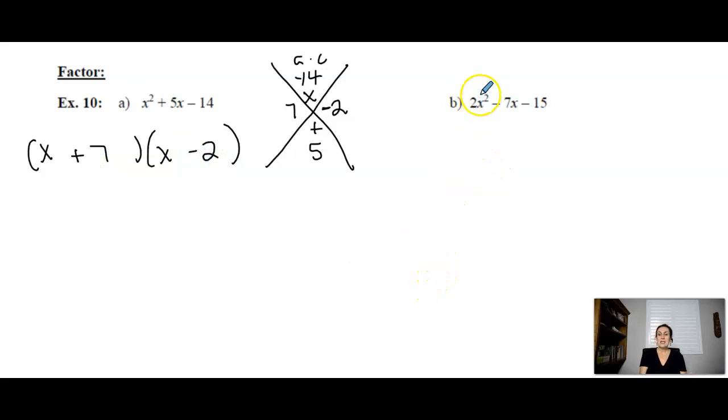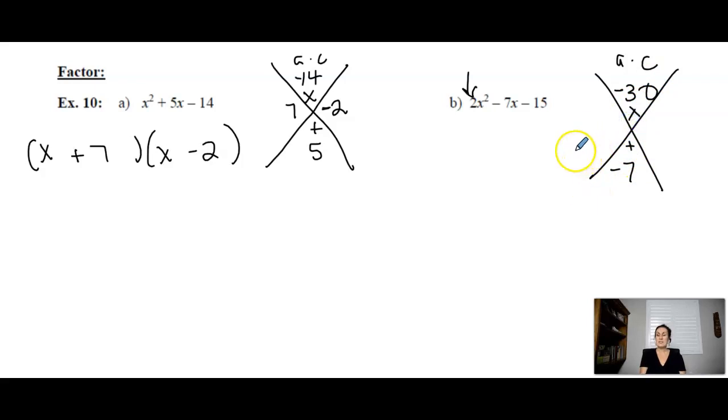Looking at b, you notice a is no longer 1, it's 2. There's many ways to factor this. Split the middle. The latest and the newest craze is the a times c method. 2 times negative 15 is negative 30. And then you have negative 7 is what you're adding to get.